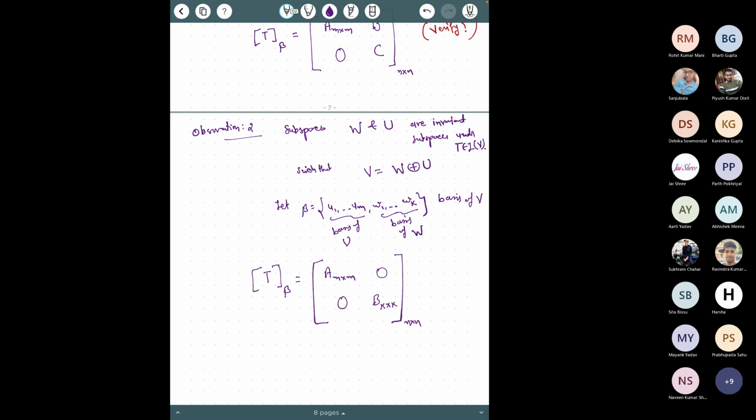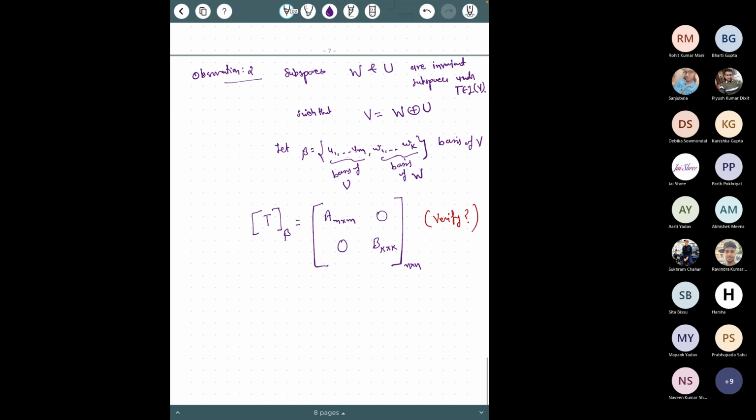So we already know how to find, in theory at least, a block diagonal matrix. So it is not diagonal, but it is a block diagonal matrix. Others can verify this. So we have already created many zeros in this matrix.